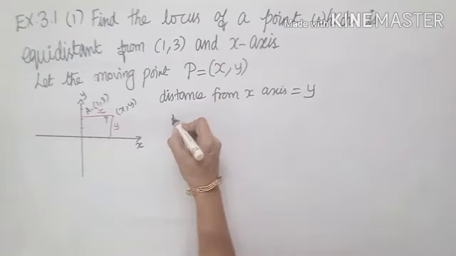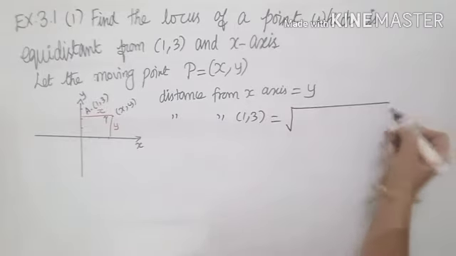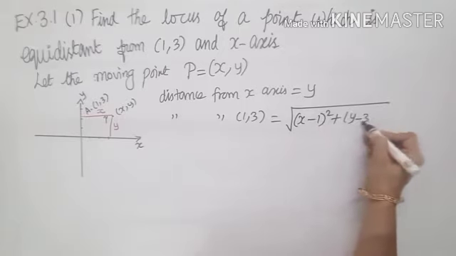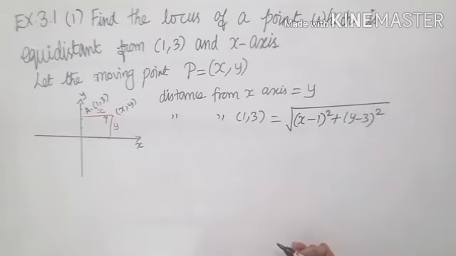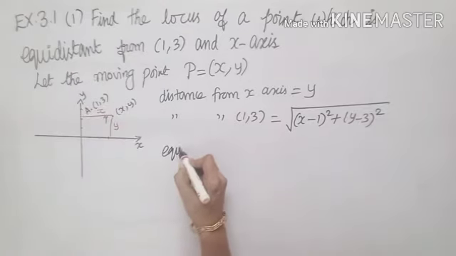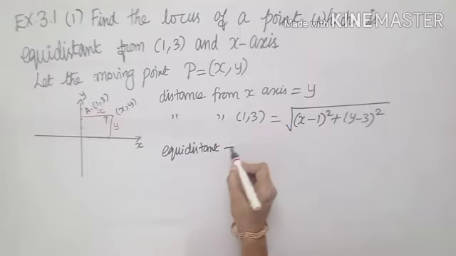Distance from (1, 3): the distance formula, root of (x minus 1) the whole square plus (y minus 3) the whole square. Given the word equidistant, the word equidistant tells me these two distances are equal.